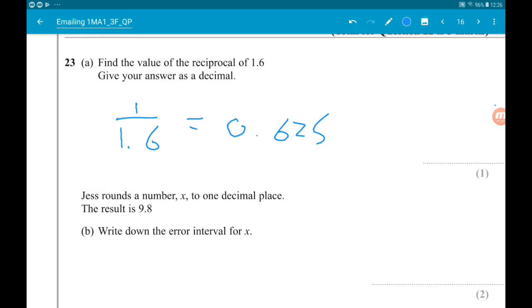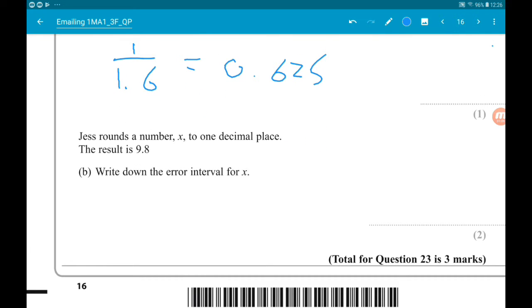Basically what this means is we need a double inequality with x in the middle, and we want the lower bound and the upper bound of what x could be to then round to 9.8 to 1 decimal place.